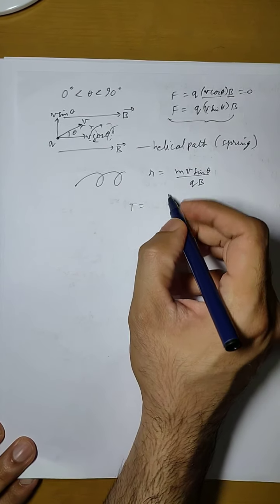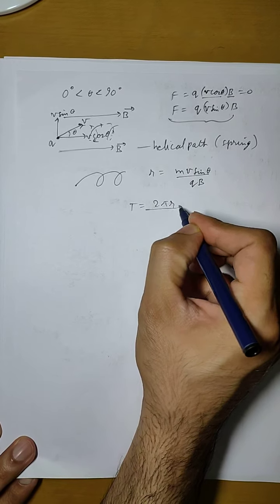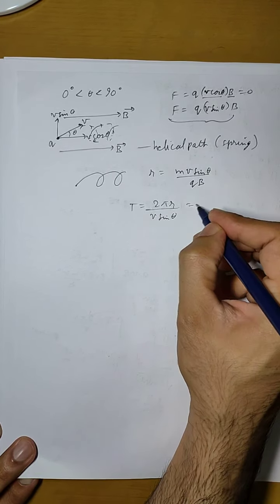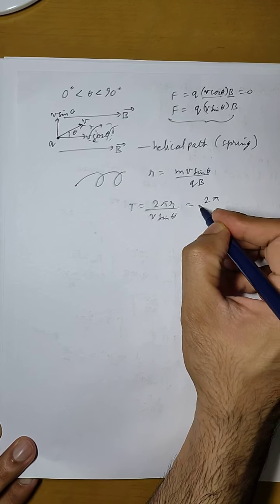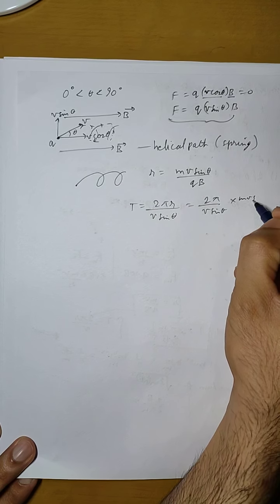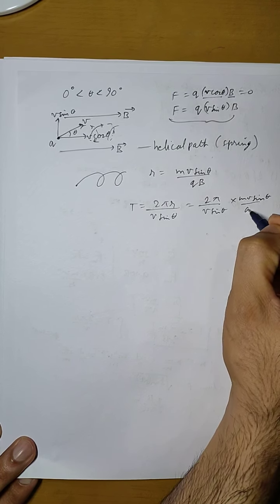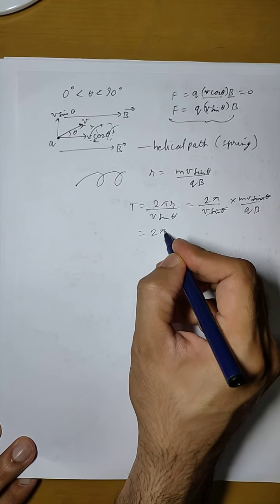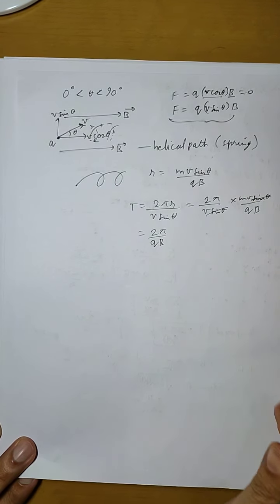Similarly, the time period will be given by 2 pi r upon velocity. Instead of velocity we will have v sin theta. So 2 pi upon v sin theta, and for r we put m v sin theta upon qB, and v sin theta will get cancelled and 2 pi m upon qB will be the time period.